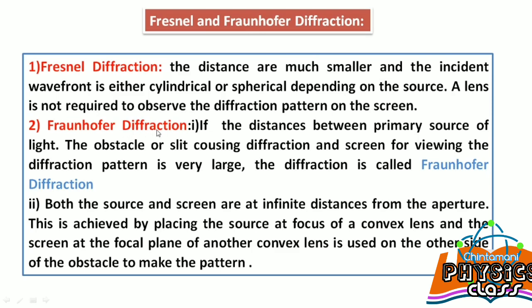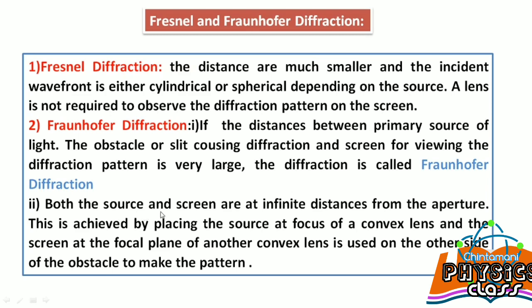And the second part, Fraunhofer diffraction: if the distances between the primary source of light, the obstacle or slit causing diffraction, and the screen for viewing the diffraction pattern are very large, the diffraction is called Fraunhofer diffraction.